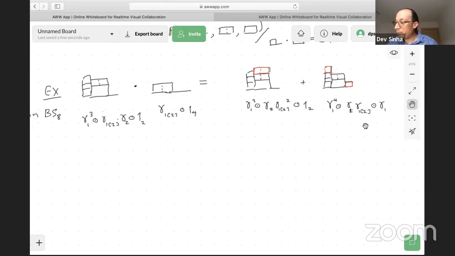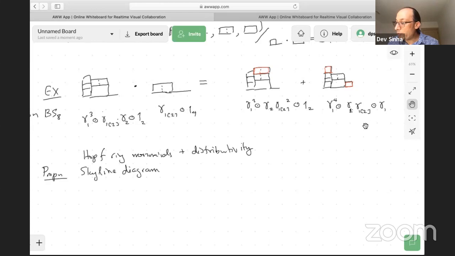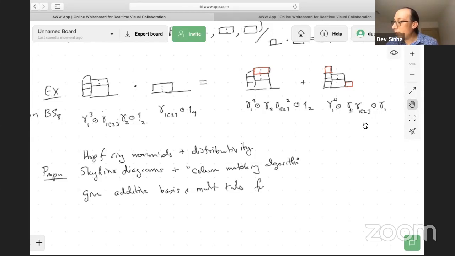The point is, this is all algorithmic. So, proposition: these skyline diagrams, these Hopf monomials, which are represented in the skyline diagrams, and you can use distributivity plus the column matching algorithm, give an additive basis and multiplication rules for the cohomology of all symmetric groups, but thus the individual ones as well.